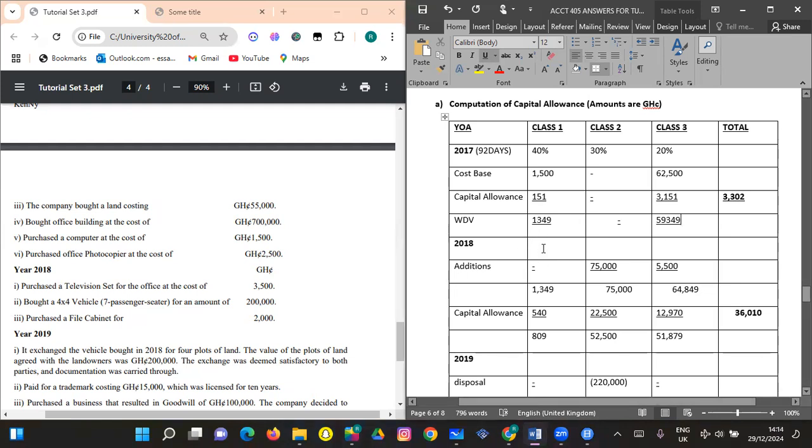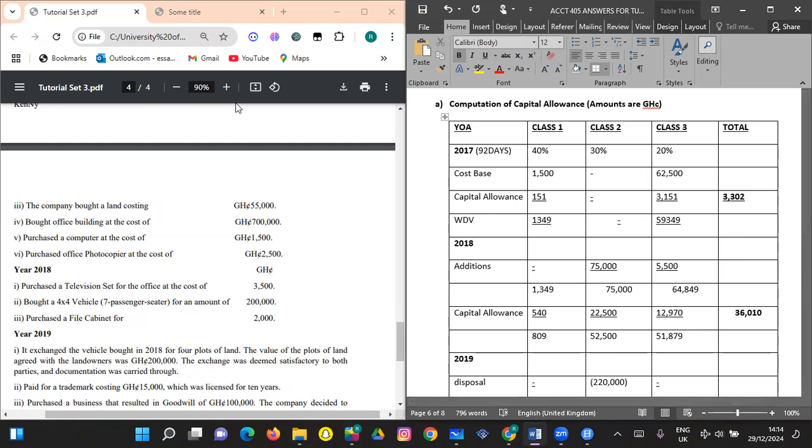Then the year 2018, no additions. So we calculate this. Remember, the next years will be full years, not 92 days, right? So we calculate capital allowances on them. So 40% on this is straight, not times anything, only 40%.